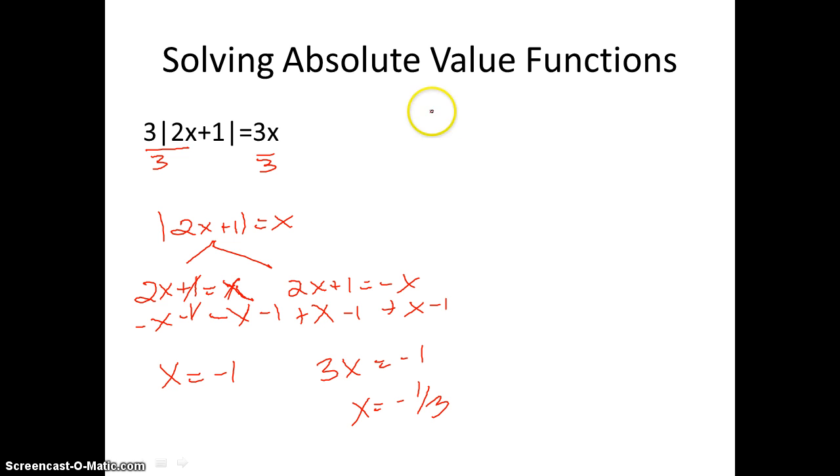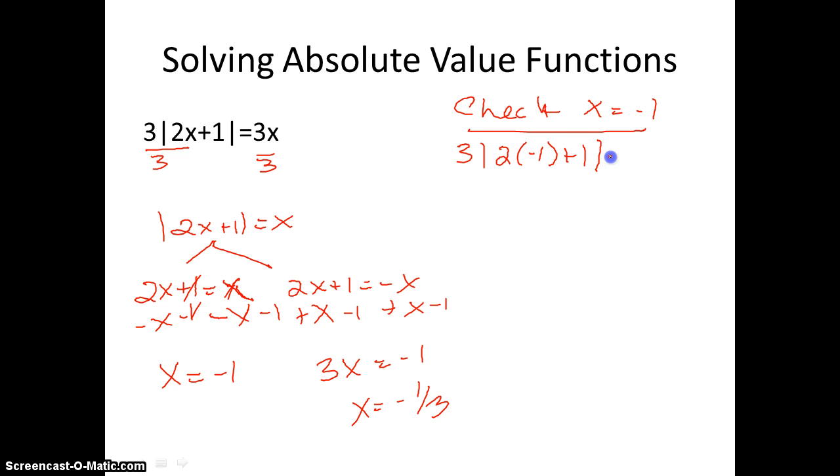So now we've got to check our answer. First, we're going to check for x equals negative 1. I have 3 times the absolute value of 2 times negative 1 plus 1 equals 3 times negative 1. 3 times the absolute value of negative 2 plus 1 equals negative 3.